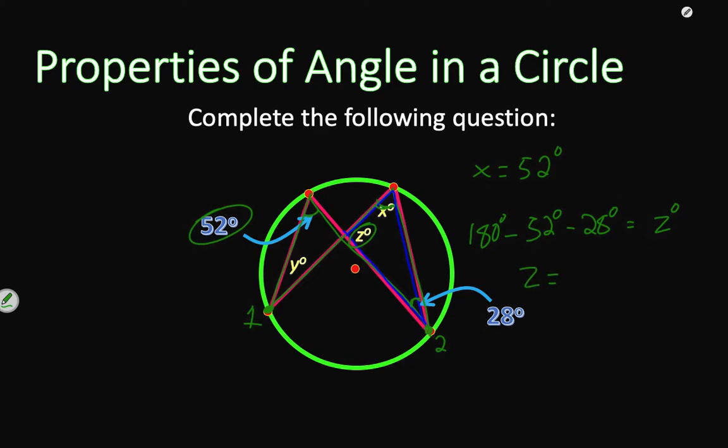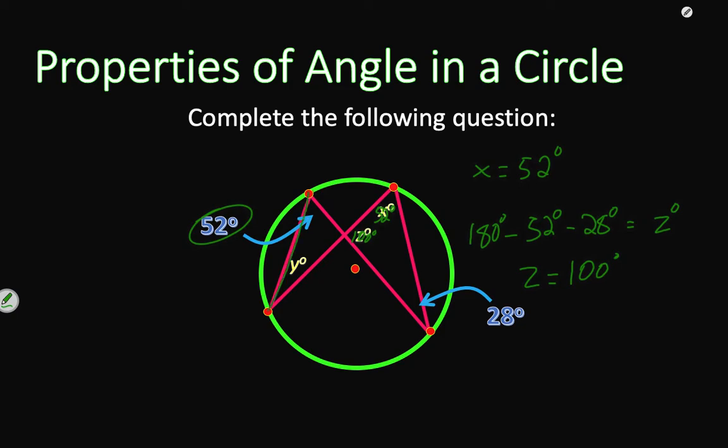So Z should equal 100 degrees. So where we're at now is we have, that's 52, that's 100, and we're still trying to find Y.